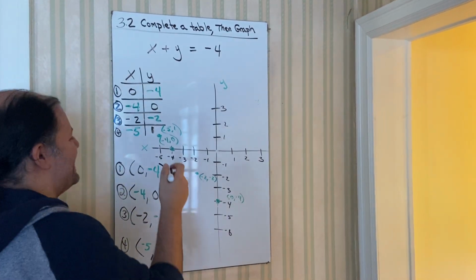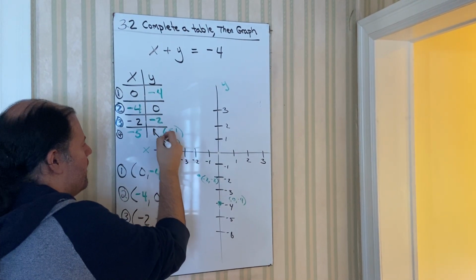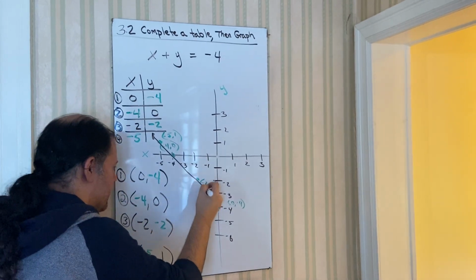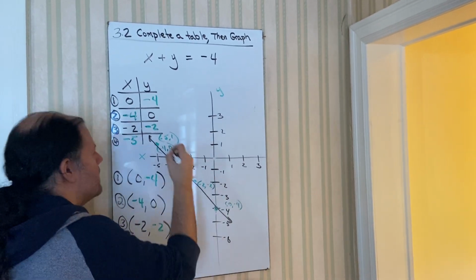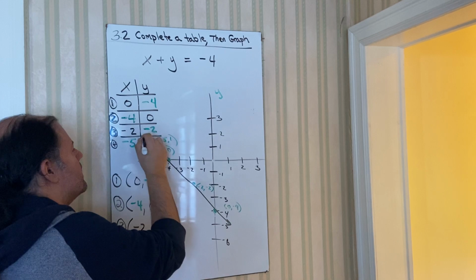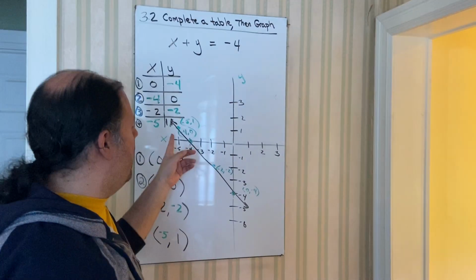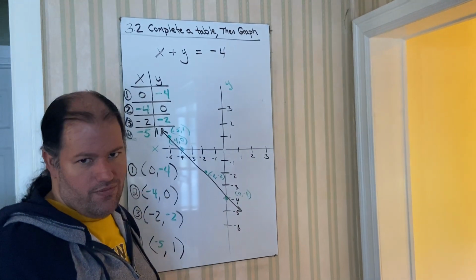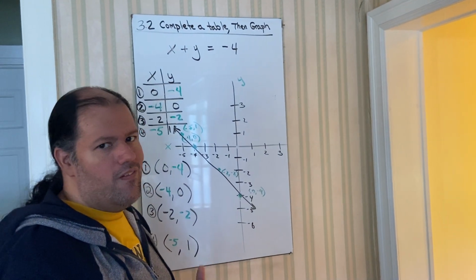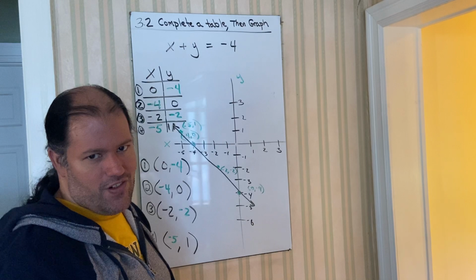What you're gonna do is connect. The reason why you're connecting is because we want to draw the equation. The equation is always going to be drawn as a line for us.